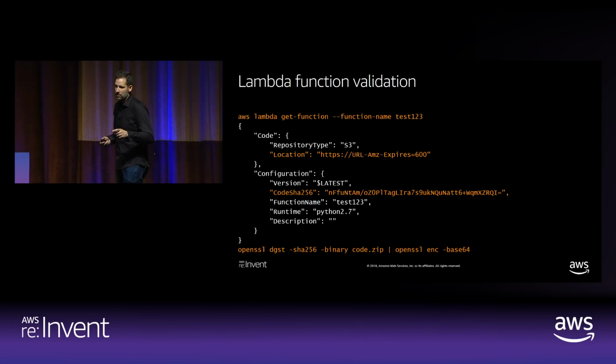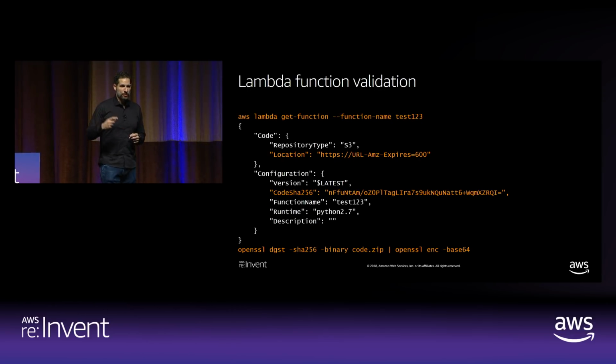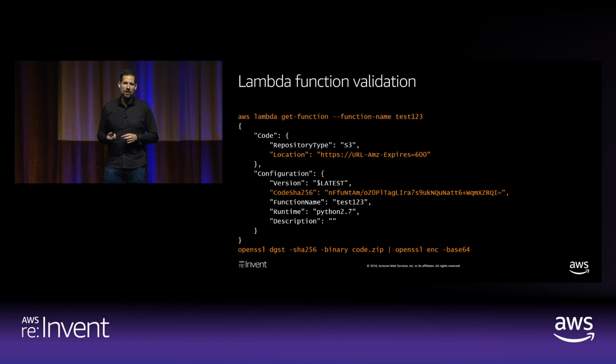The deployment package contains everything that you had when you created the function. The configuration piece of the response from get function also contains a SHA-256 that you can use for offline validation.